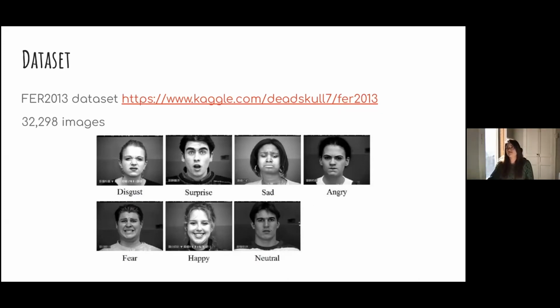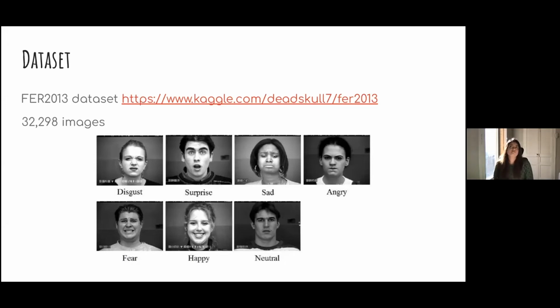It contains 30K images with the 7 emotions that we saw before. They are grayscale images of different people making these faces, and everything is already labeled.